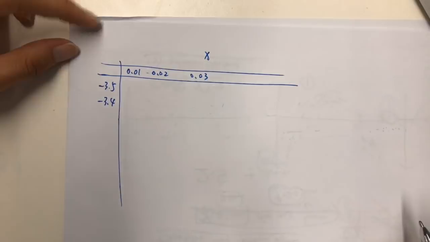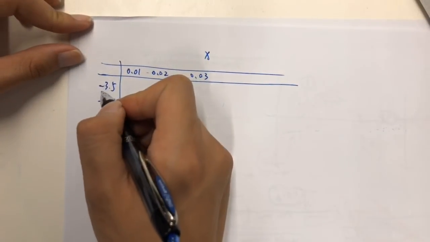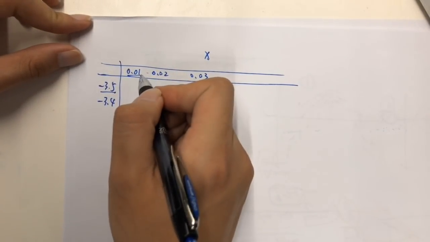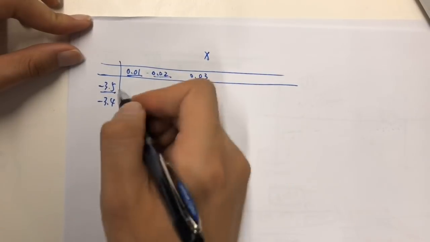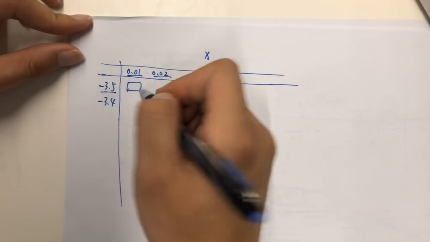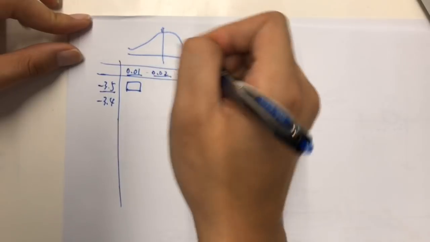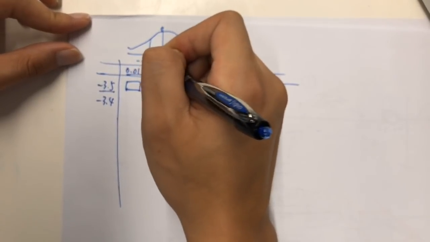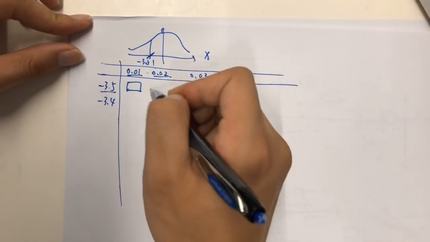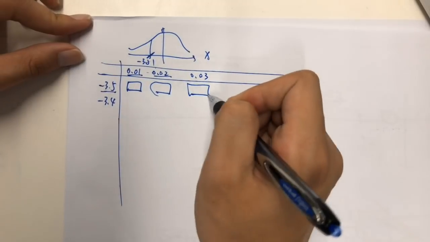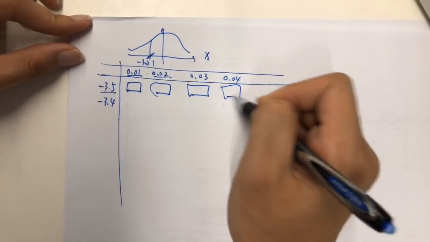This means minus 3.51, minus 3.52. So this one is the probability to the left of minus 3.51, okay? And this is 3.52, this is 3.53, and 0.04 is 3.54.